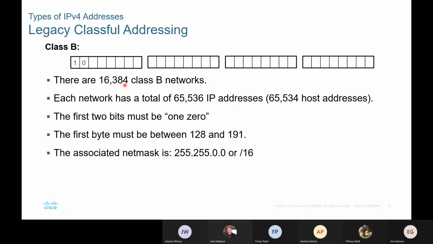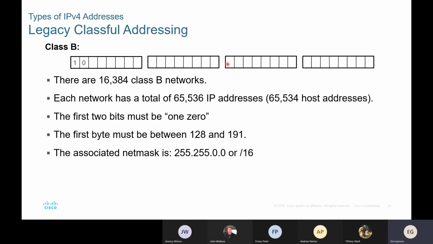Okay, now how many IP addresses will we have in each network? So if I take a specific network, how many IP addresses will I have in it? To know the number of IP addresses in each network, I go to the host portion. The host portion has 16 bits, all of them free.